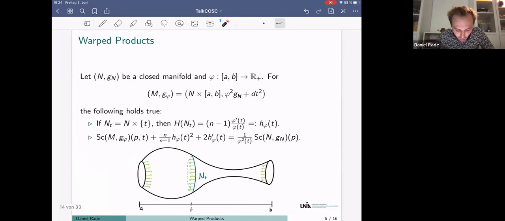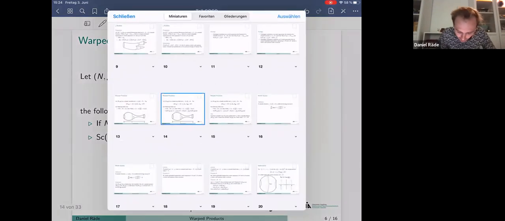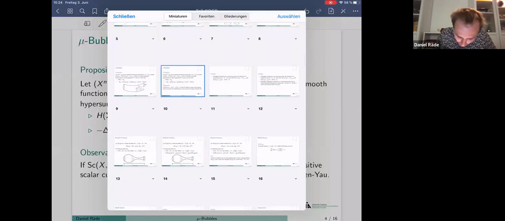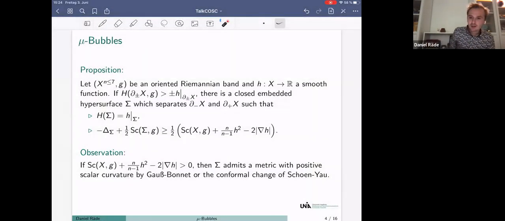If you look back at our toolbox, this is what we're interested in. We need to find a function h such that this is positive. In a warp product, if you have this h_phi and then h_phi prime, this will be equal to 0.